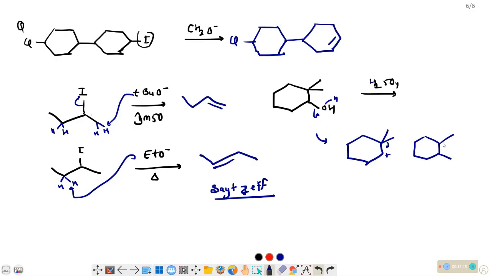It will remove hydrogen from this side and give us a stable alkene. So this will be the major product because there are 10 alpha hydrogens. That is why this is a stable alkene.